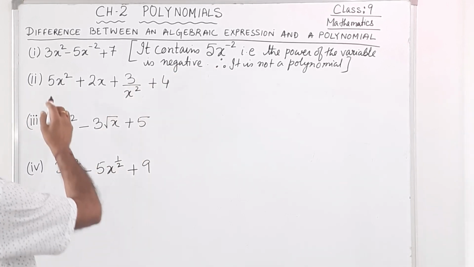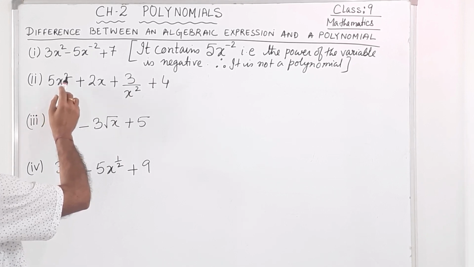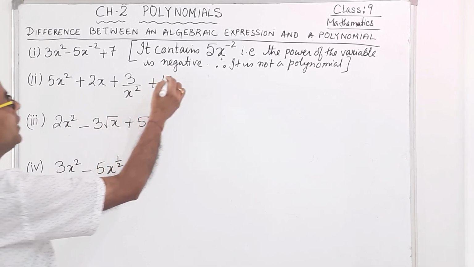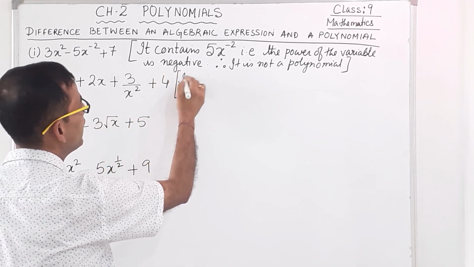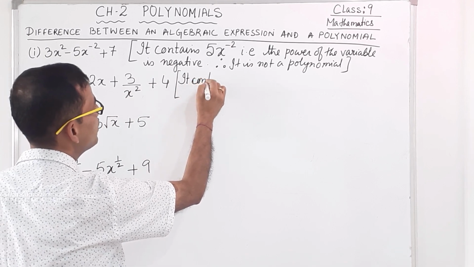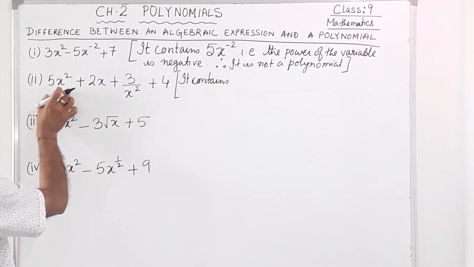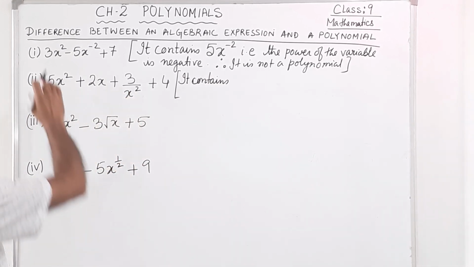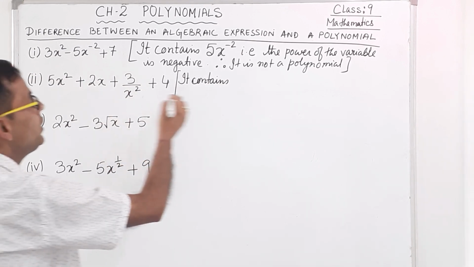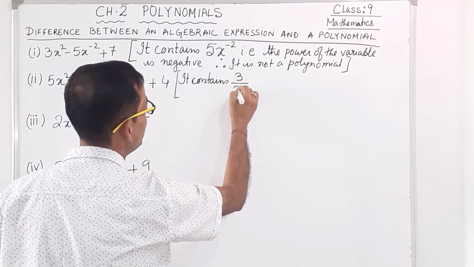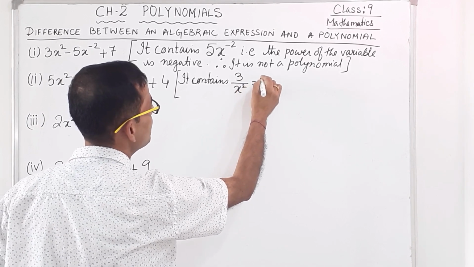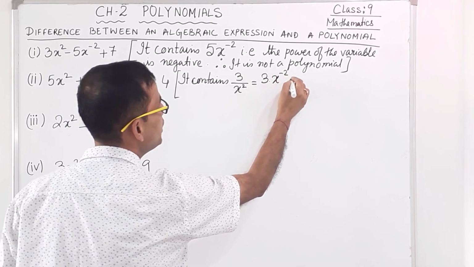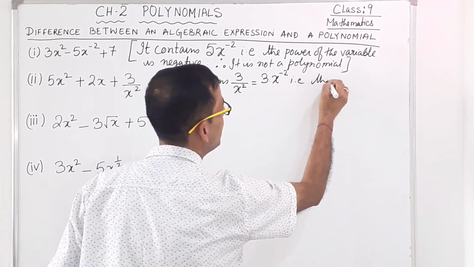Next one, see here, 5x to the power 2 plus 2x plus 3 by x square plus 4. It contains 1 part, 2 parts, 3 parts, 4 parts, so 4 terms are there. Now it contains 3 by x square, and that is equal to 3x to the power minus 2.